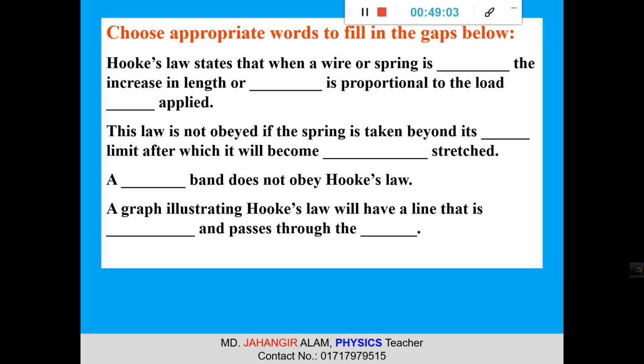Choose appropriate words to fill in the gaps below. Hooke's law states that when a wire or a spring is stretched, the increase in length or extension is proportional to the load force applied.